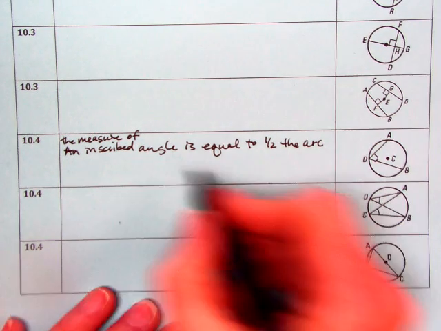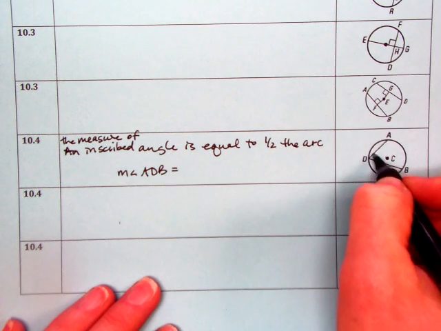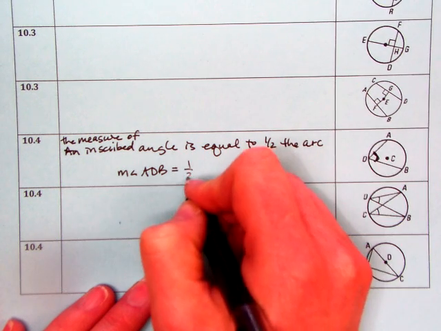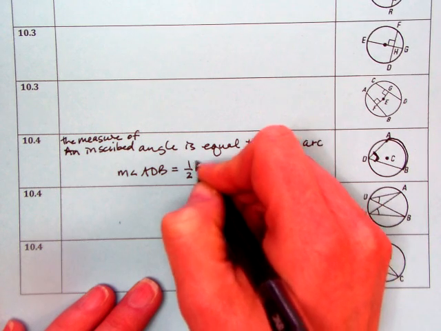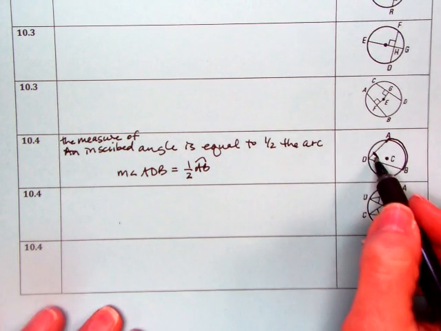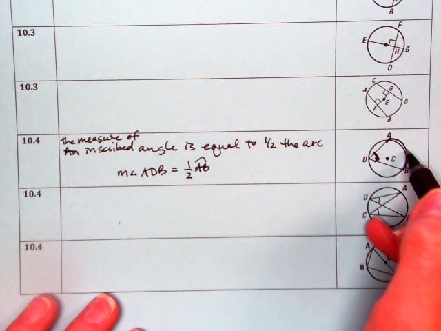What that means is the measure of angle ADB, talking about this guy right here, is going to be half of the arc that it cuts off, so from A to B. So if this guy is 50, then that is 100. Okay, so the angle is half as big as the arc.